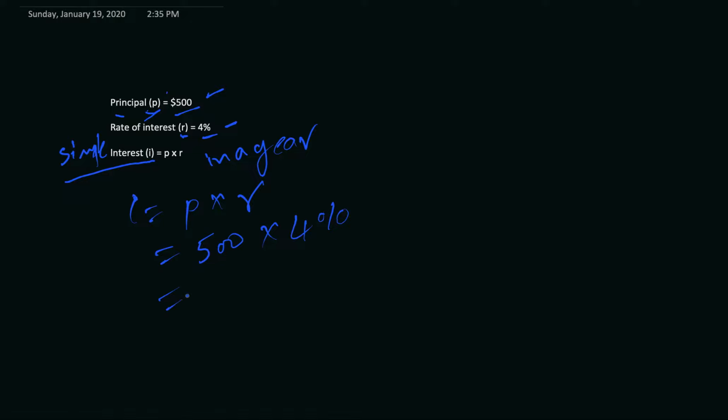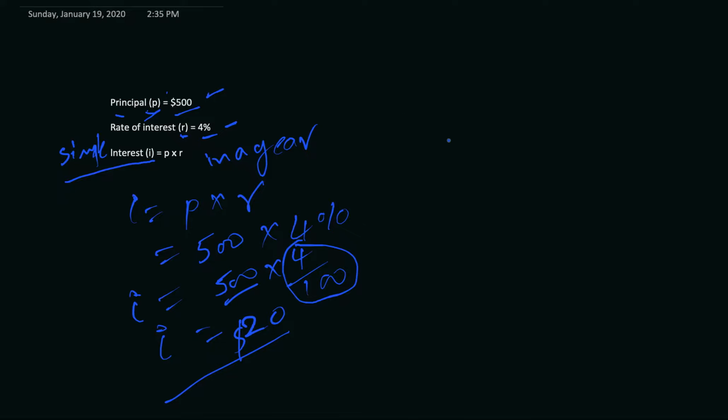Now if you remember, percent is nothing but over 100. So if we want to calculate our interest with a principal of 500 and a rate of interest of 4%, we get a value of $20. So this is our interest. Again, if you want to see how to calculate percentages, I would recommend going back and seeing my percentages video.